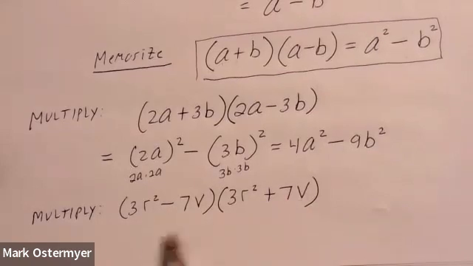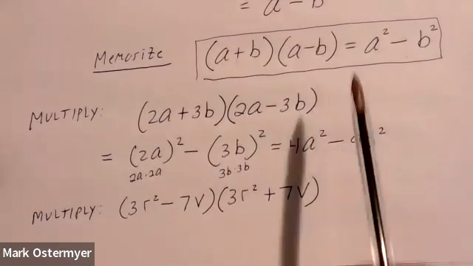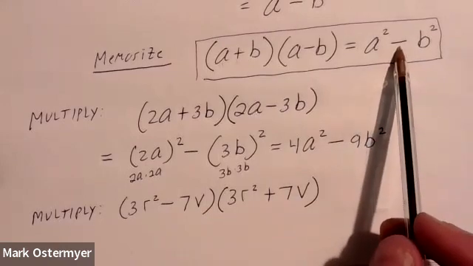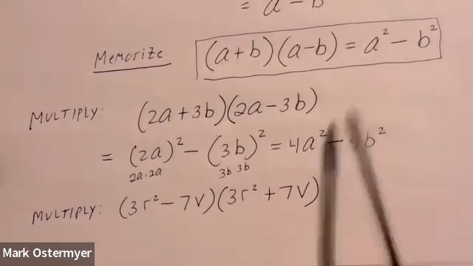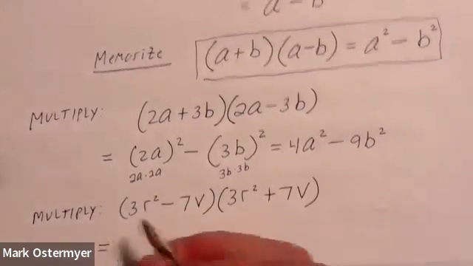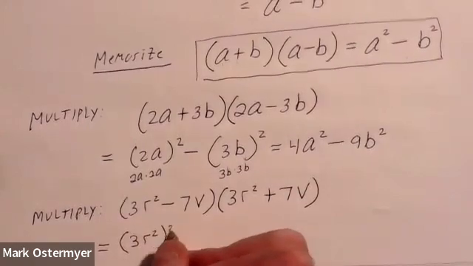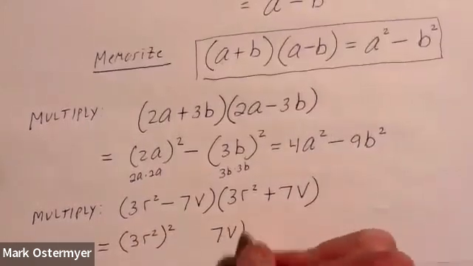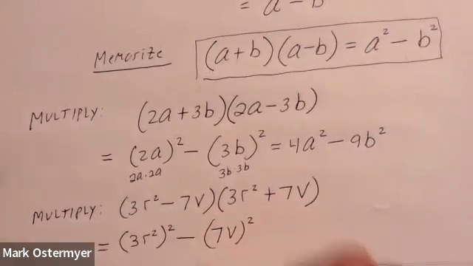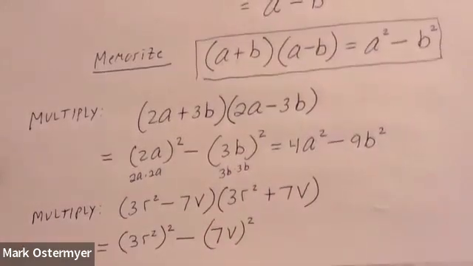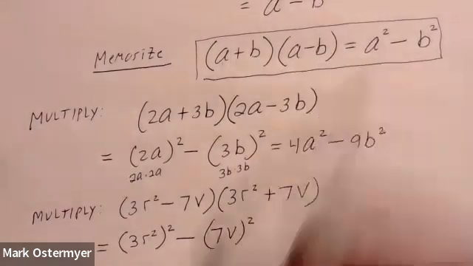You can if you want, but it's a waste of time. All you have to remember is that the product of conjugate binomials is always the difference between the squares of the first and the last terms. Shortcut: square your first term, square your last term, and place a minus sign in between them, and that would be the product. So much quicker if you can just remember this pattern.